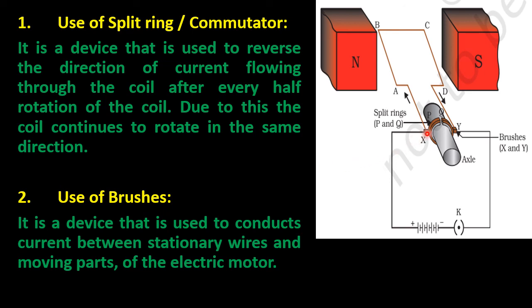So it is a contact which allows the current to pass from this stationary wire. This wire is not rotating, but this armature is rotating. So it is a contact between the stationary wire and the rotating part, this armature of the electric motor. So this answer you must keep in mind. It very often comes in the board exam.